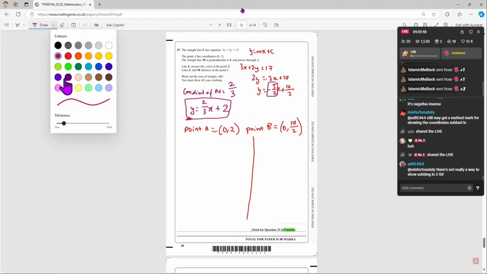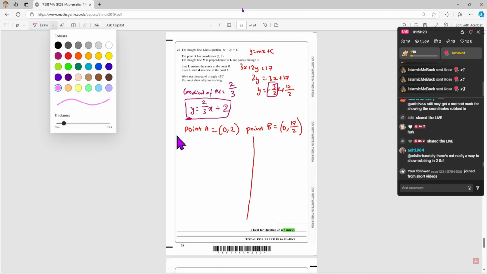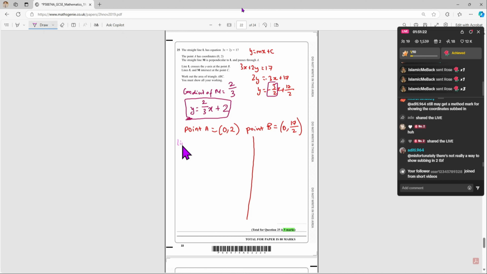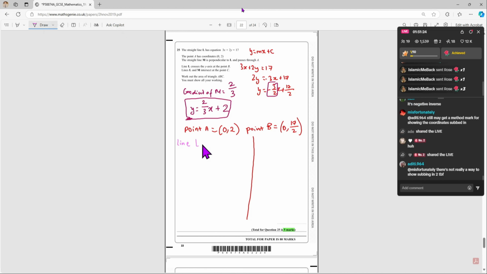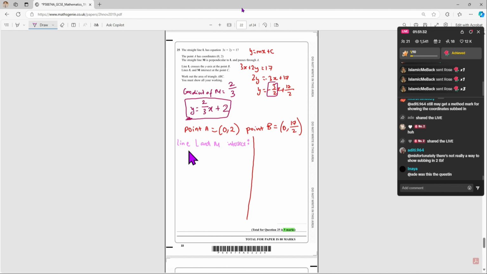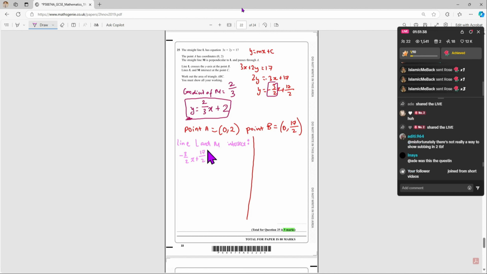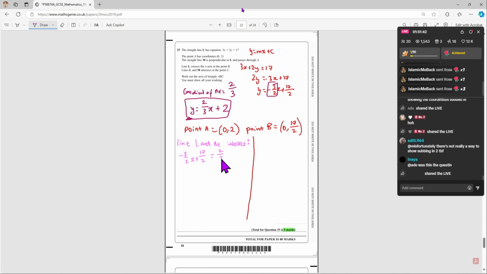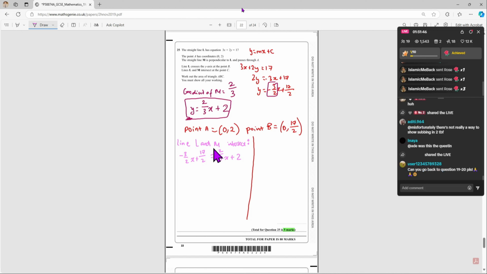So we know that line L and M intersect. That equation we're going to write here as minus 3/2 x plus 17/2, the equation of line L, set equal to the equation of line M, merged together into one equation.